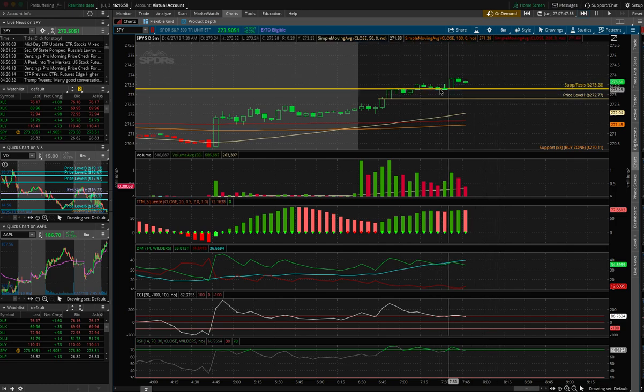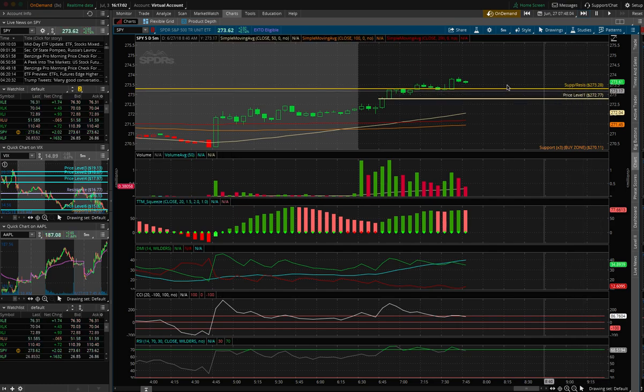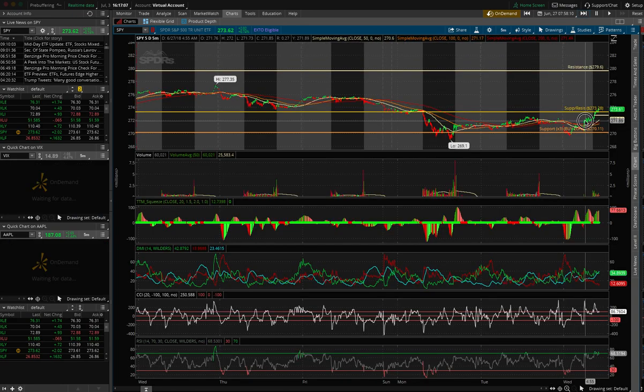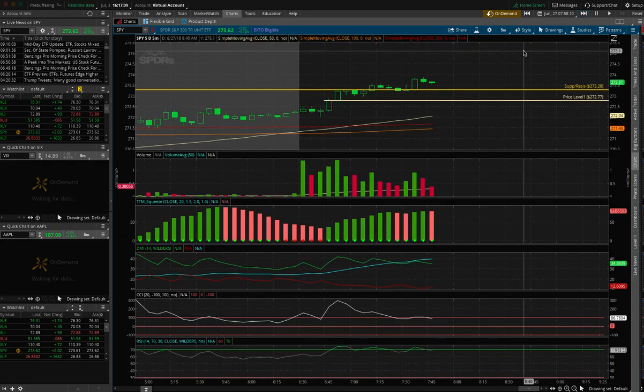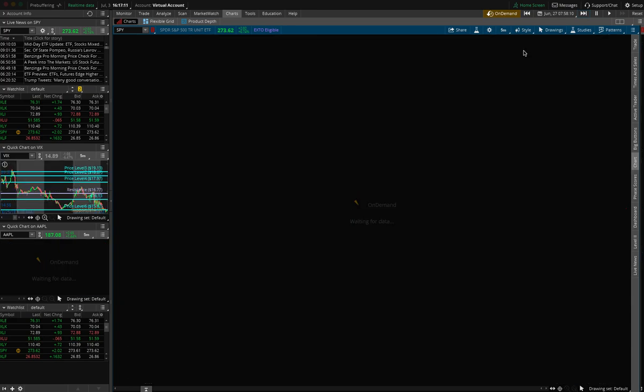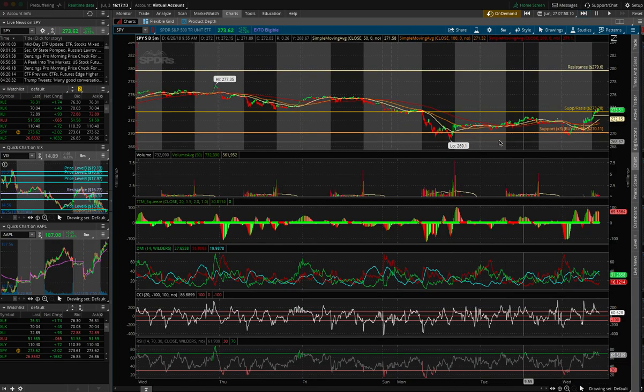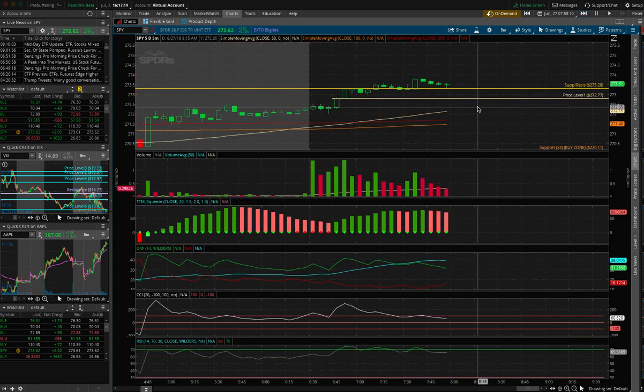So now it's acting as support, but remember, this level is not strong support. Strong resistance. So just as our previous support broke through but then came back up, this resistance, although it's broken up, is possibly going to come back down.